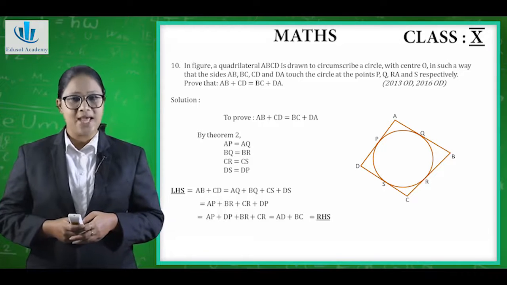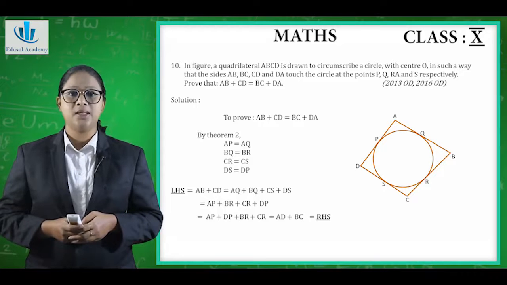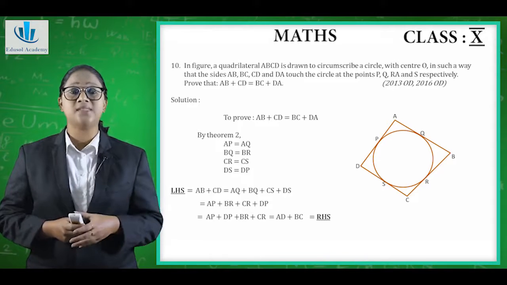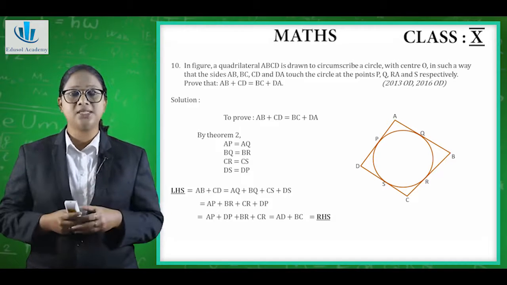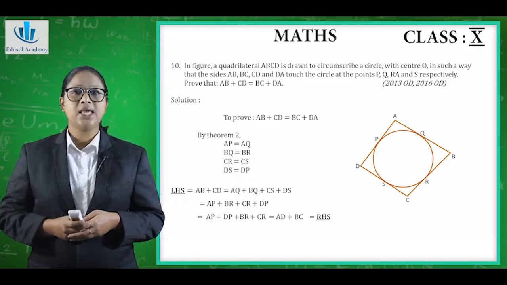Now we have to prove that AB plus CD is equal to AD plus BC. So let's begin from LHS, write AB plus CD. Now we know that AB has been constituted with 2 parts, namely AQ and BQ. Similarly, CD can also be written as CS plus DS.